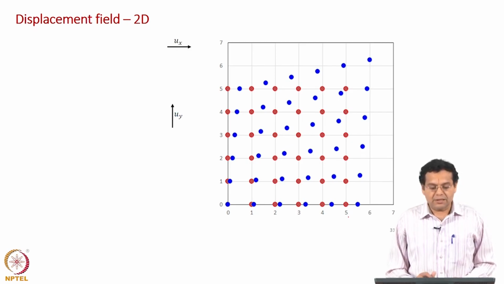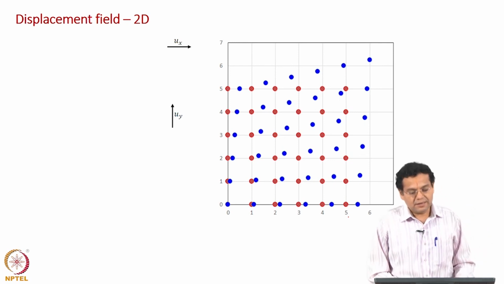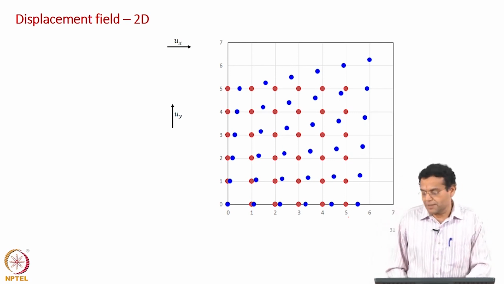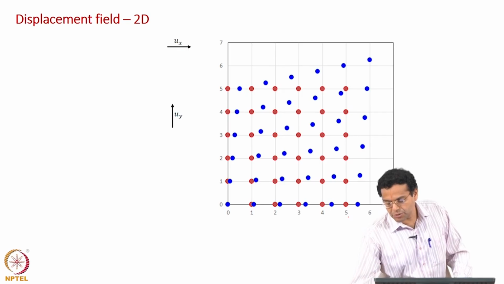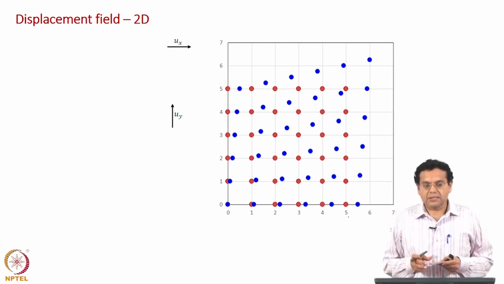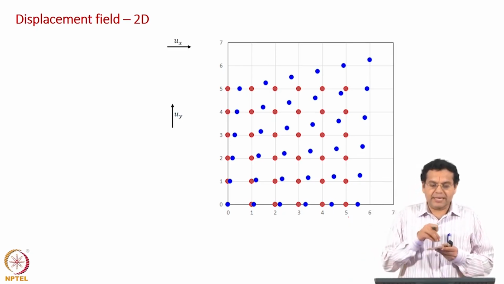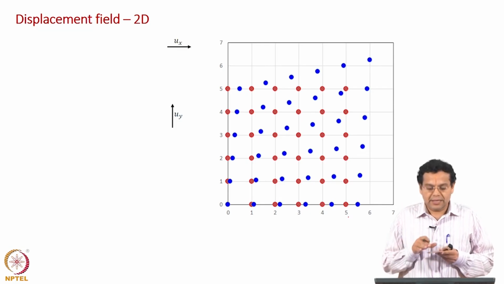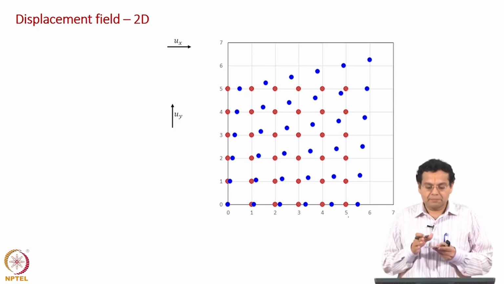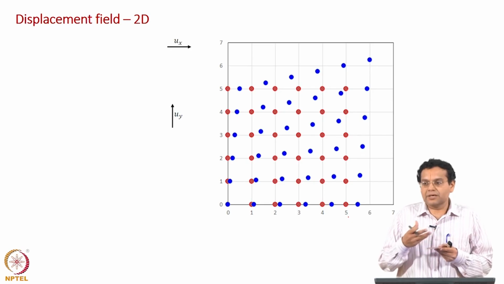So, just to recall the discussion earlier, what is the displacement field? What is shown here? The red dots represent some points identified or particles identified in a plate, 2D plate like this, in the initial state and undeformed state. You apply a force, it deforms, go to final state or deformed state.